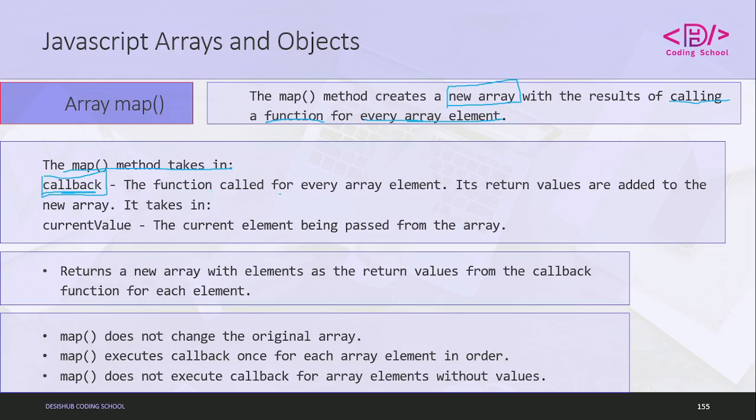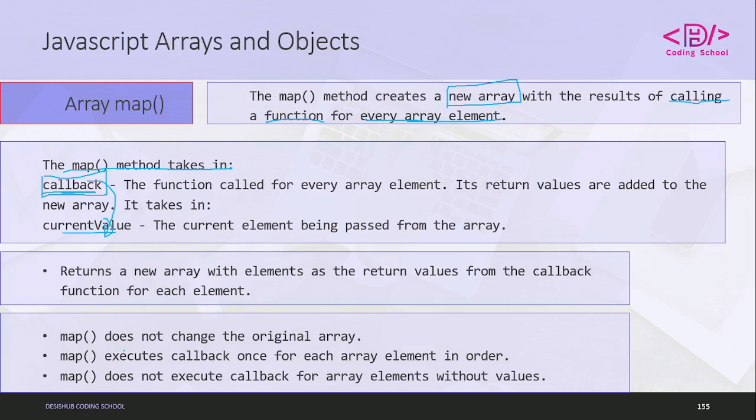The function is called for every element, and its return values are added to the new array. The callback function takes in the current value. It returns a new array with elements as the return values from the callback function for each element.